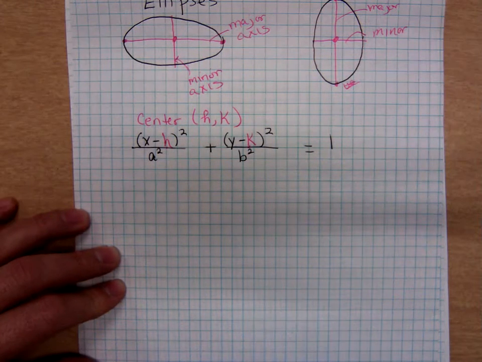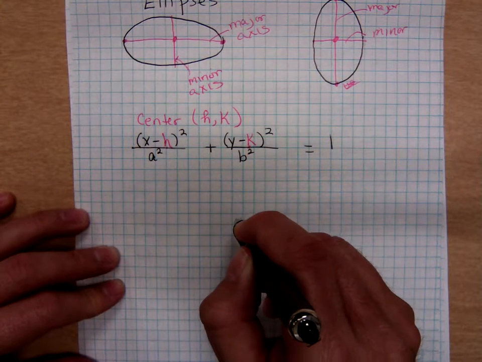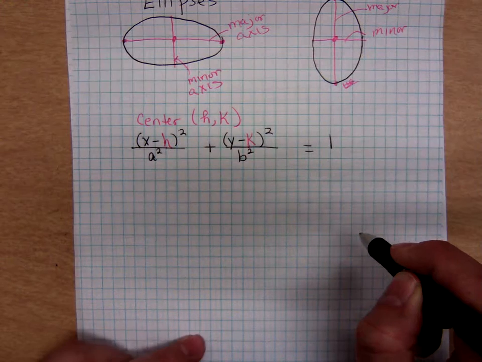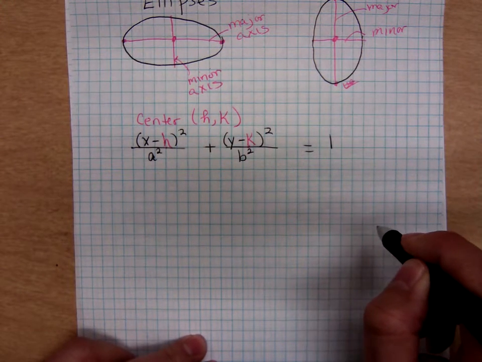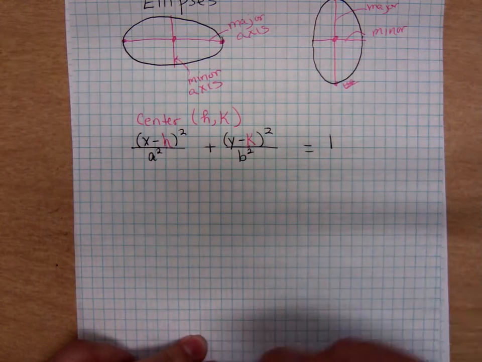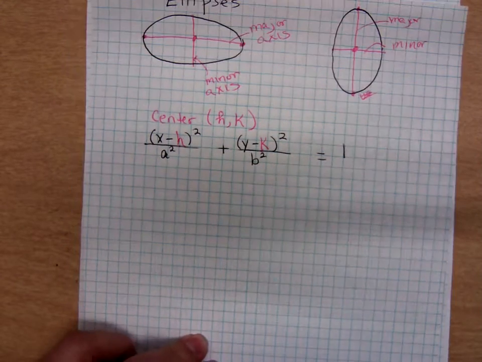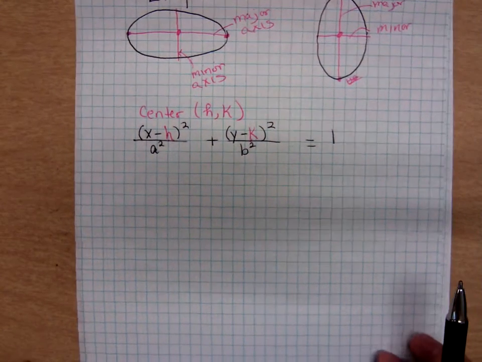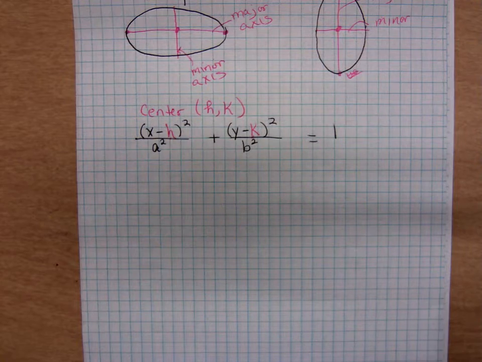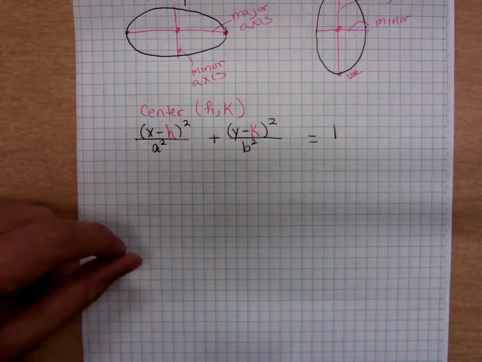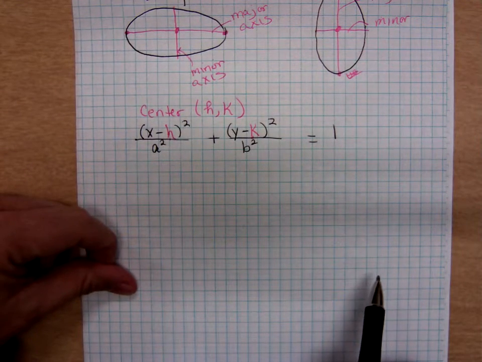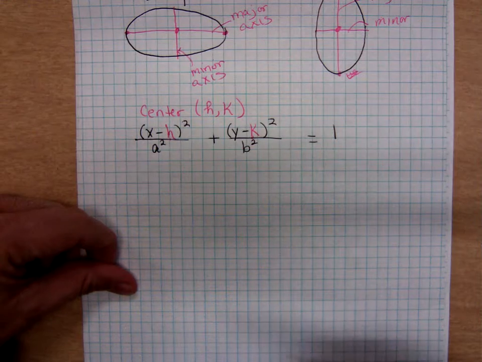Now with a circle, you plotted the center and then you just moved over whatever the radius was. If you were doing it with paper, you'd spin the compass around. If you're using the MyMathLab graphing tools, you would still just plot that center and then move over what the radius is.